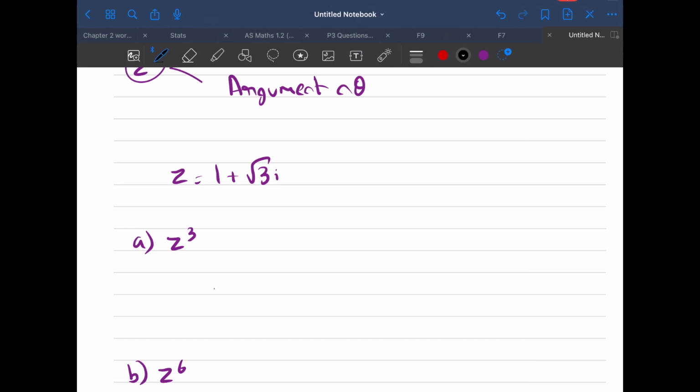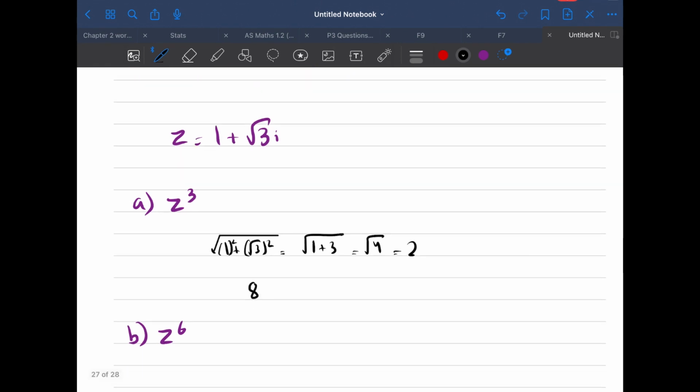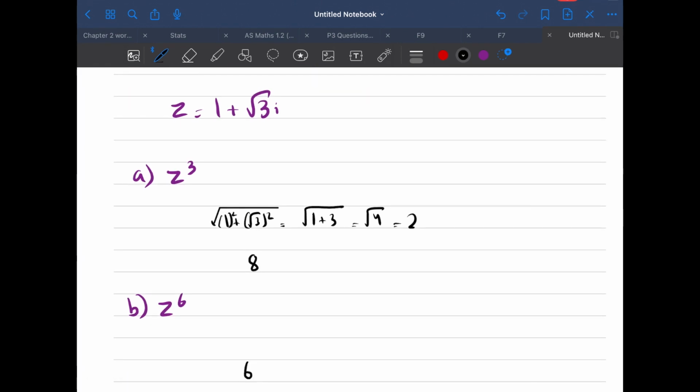So मॉड्यूलस इसका क्या आ रहा है बच्चे, मुझे बताओ 1 plus under root 3 का 1 square plus under root 3 whole square, that's going to be 1 plus 3, that's under root 4, which is 2. So cube made the new modulus will become 8 and power 6 made the new modulus will become 2 power 6 and here 2 cube.